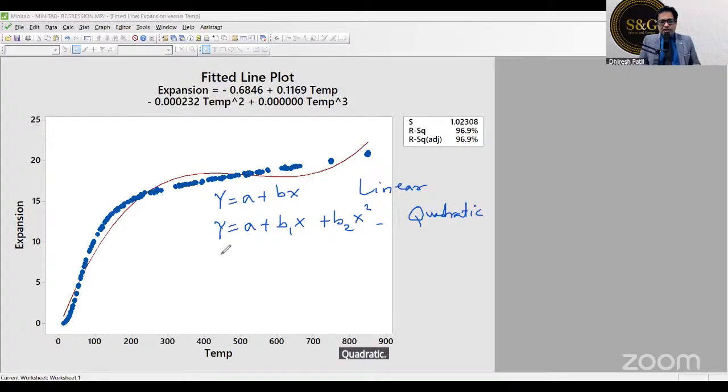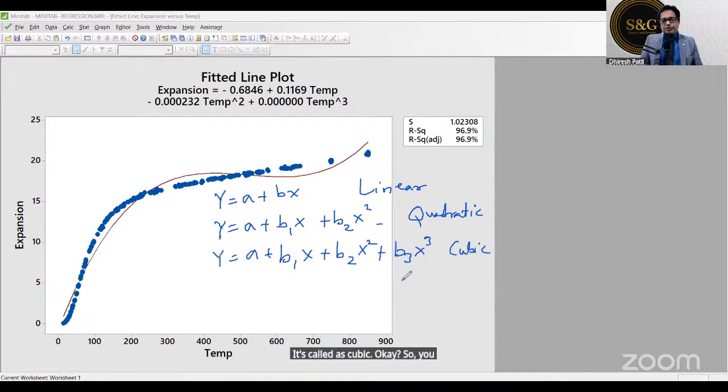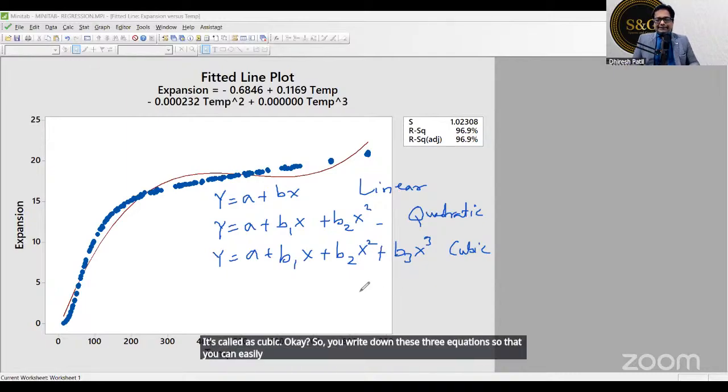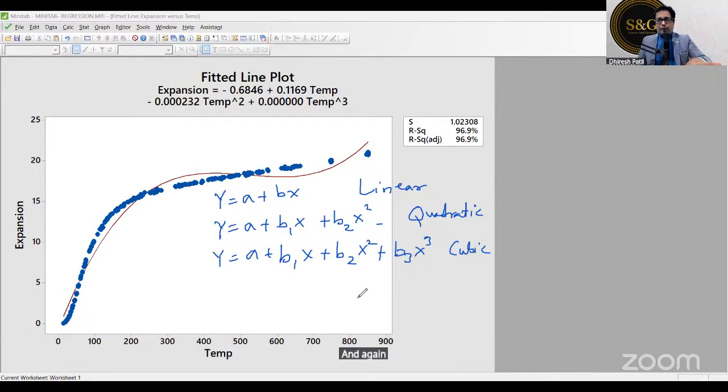And y is equal to a plus b1x plus b2x square plus b3x cube is called as cubic. Okay. So you write down these three equations so that you can easily remember this. And again, just for your information. Okay. Clear?